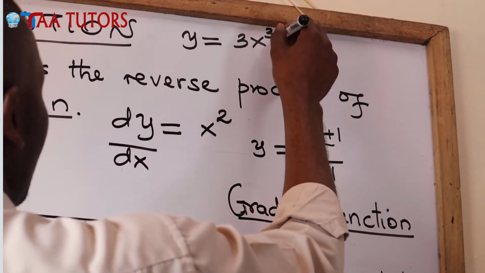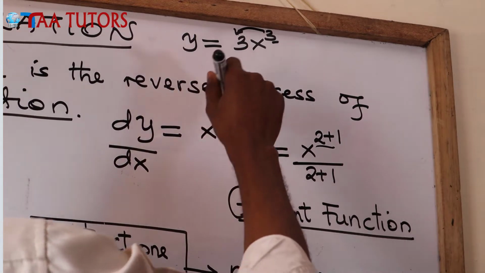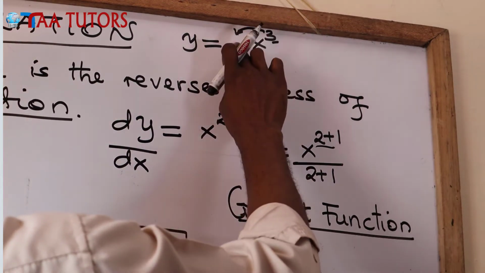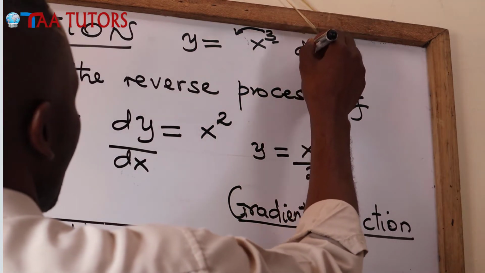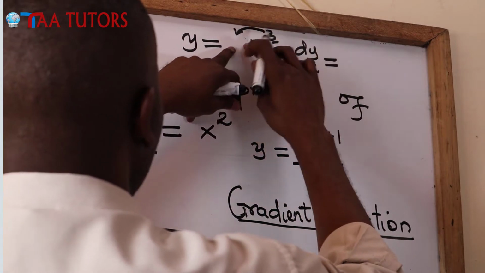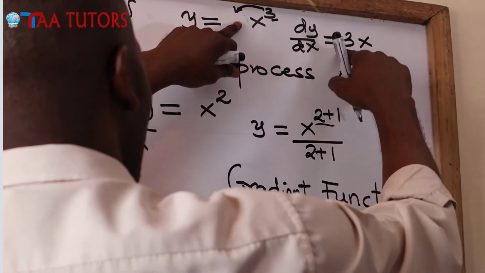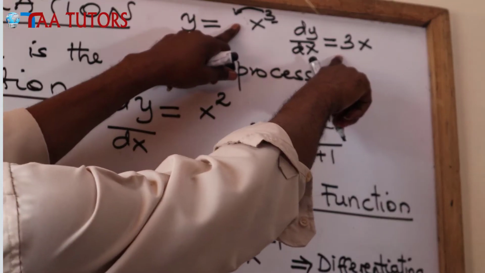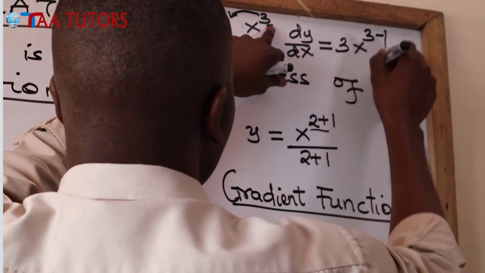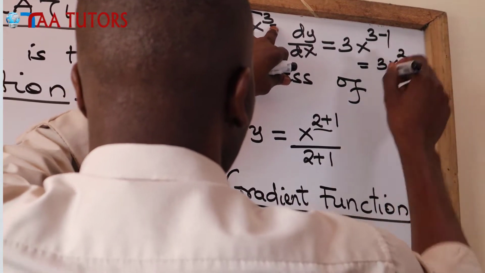For us to differentiate, the first thing we do is bring this 3 here, so dy dx equals 3x. Then we subtract 1 from the power, so that will be 3 minus 1, which is 3x power 2.